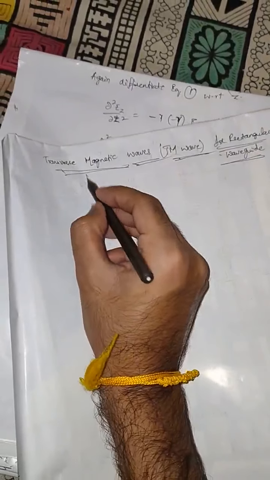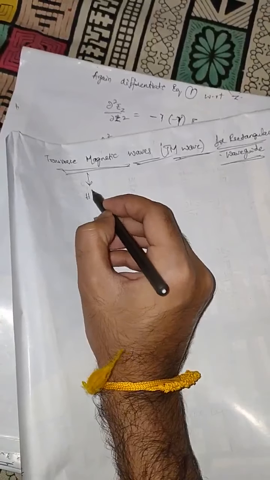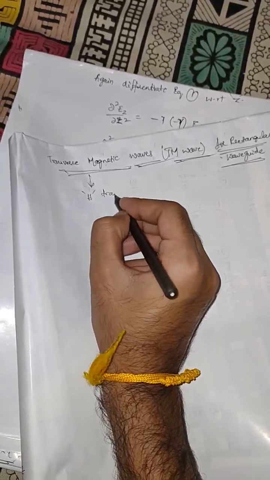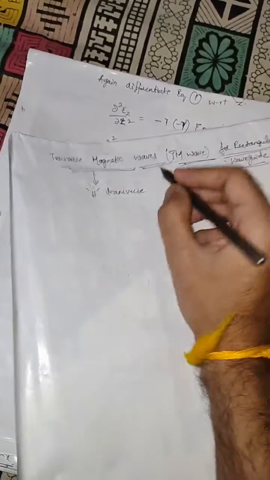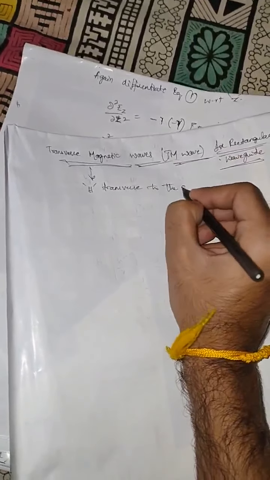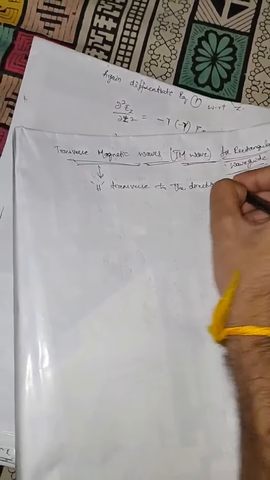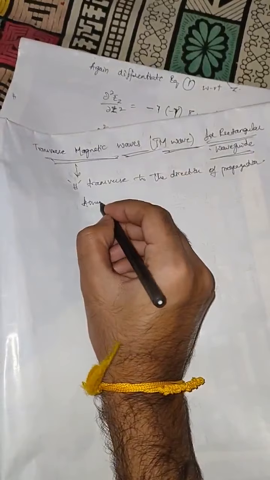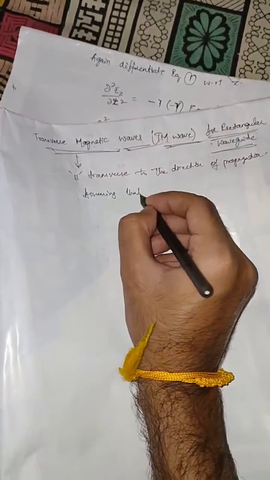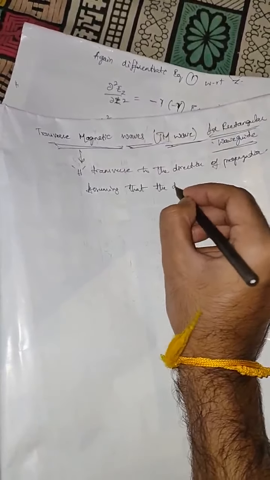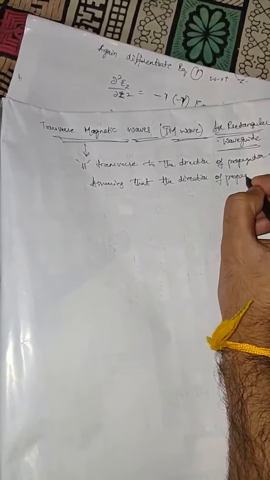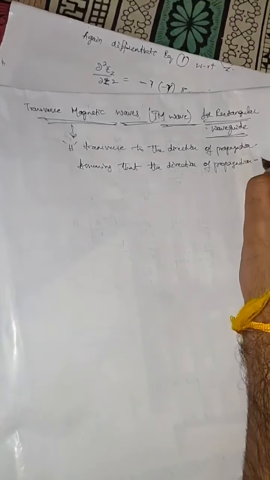In the transverse magnetic mode, the magnetic field H is transverse to the direction of propagation. We assume that the direction of propagation is along the z axis.